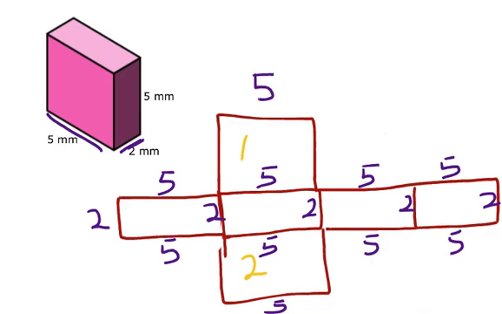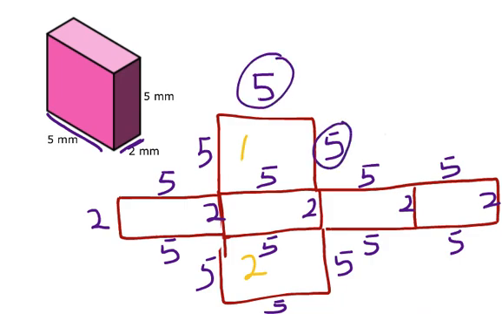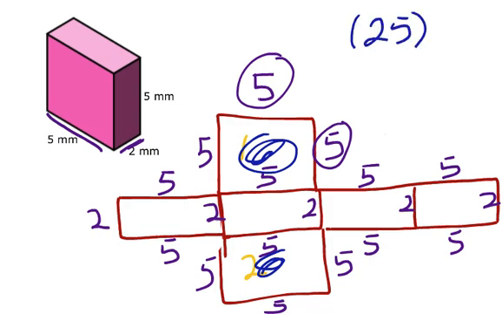I just realized I didn't label these sides. We have 5 here, and 5 here, and 5 here, and 5 here. Okay, so we have 5 times 5 will give us the area of this rectangle and this rectangle down here. So 5 times 5 is 25, and we have 2 of them, so we're going to multiply by 2. So that gets rid of those 2. So let's cross those out, because we've already done them.